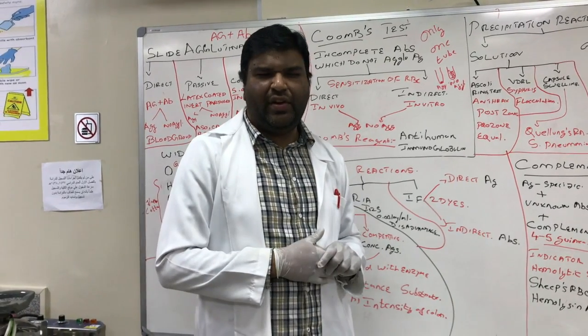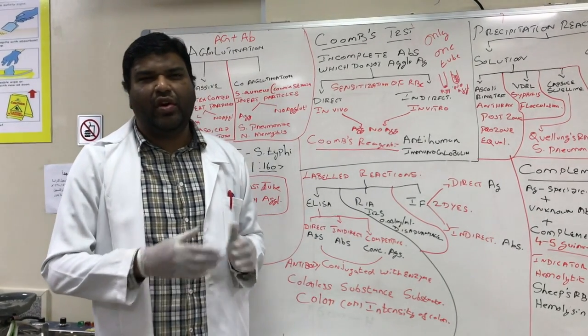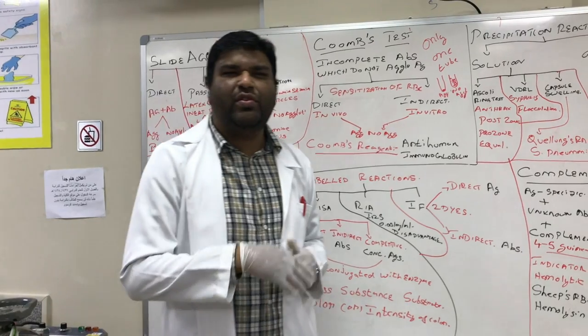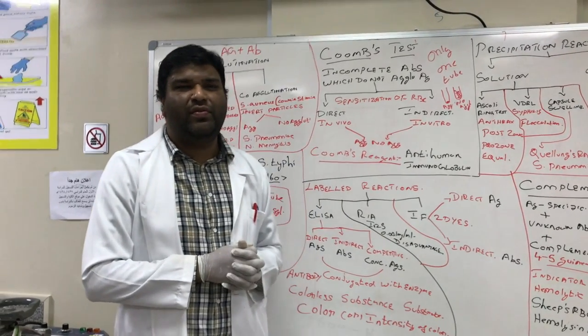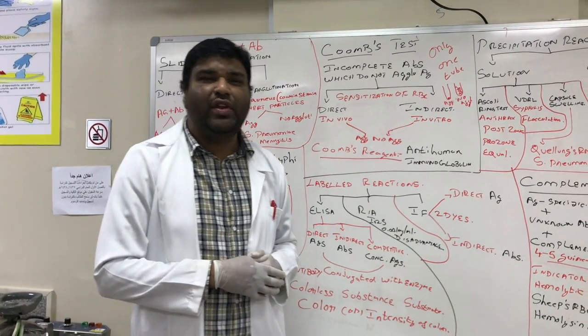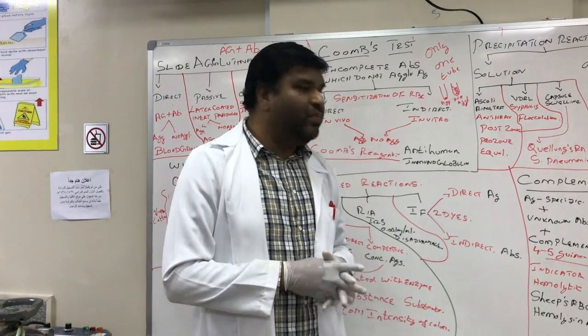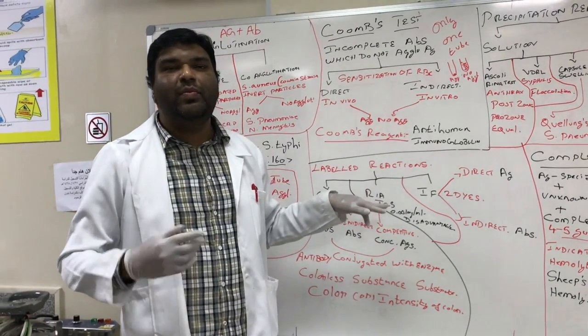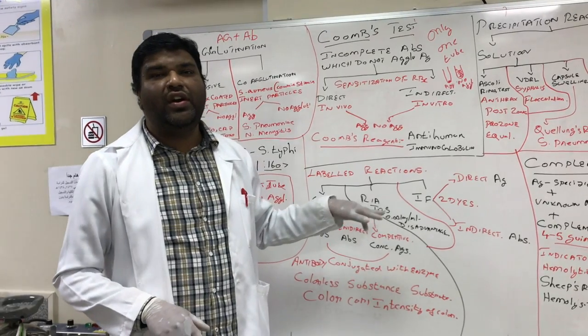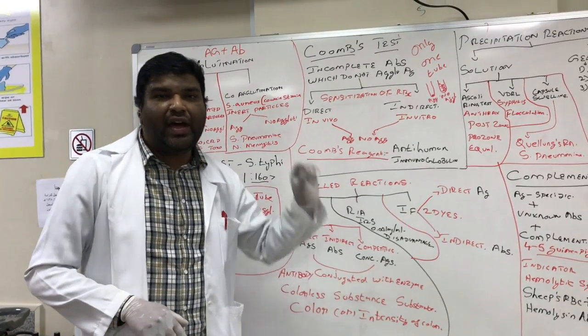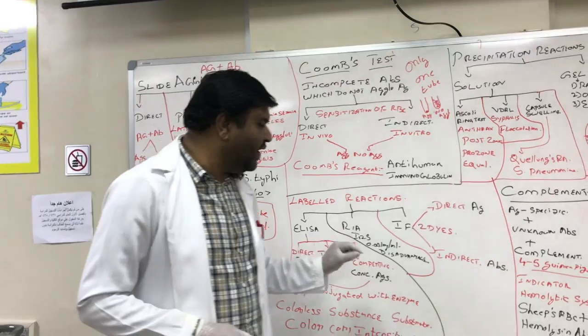It is very costly, and the shelf life of these isotopes is short, making them difficult to keep, and disposal of this radioactive waste is also very dangerous. Apart from this, RIA has been replaced by the latest method called ELISA. Please remember, RIA is being replaced by ELISA.